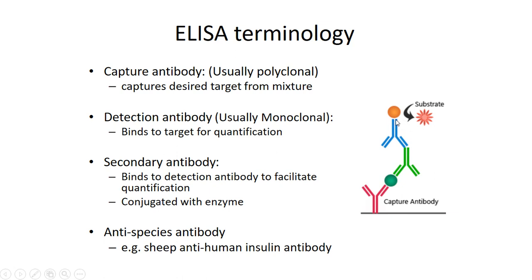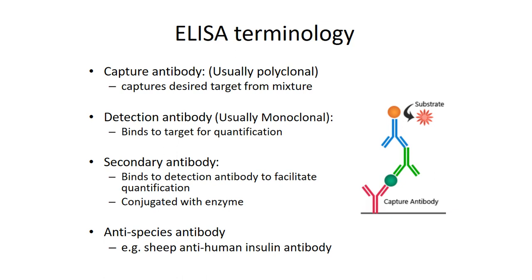The difference here is that a secondary antibody has to be targeted against the Fc region of the detection antibody. So this antibody has a specific affinity for the conserved region of the antibody.